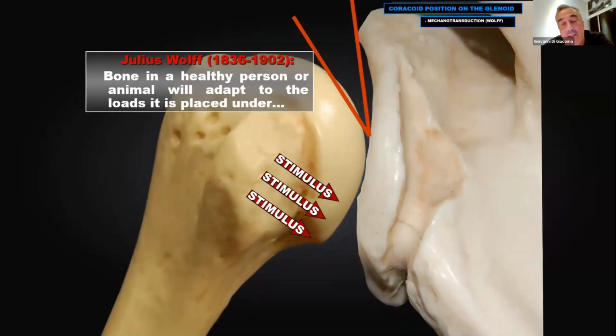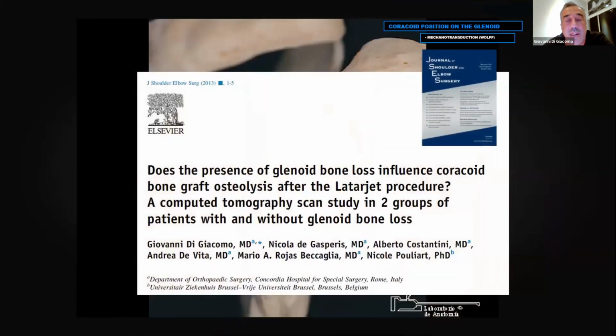So keep in mind, when you look at the CT after 1 year and you want to see if there is a good osseointegration, remember that the more bone loss you have on the glenoid, the better integration you have. If you have a huge osteolysis, it does not mean that the Latarjet doesn't work.